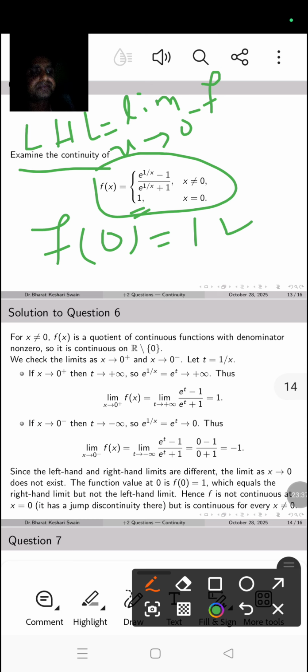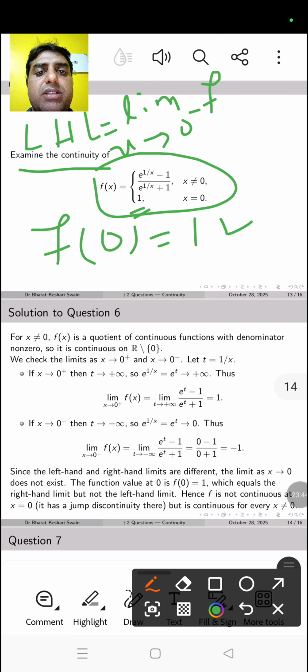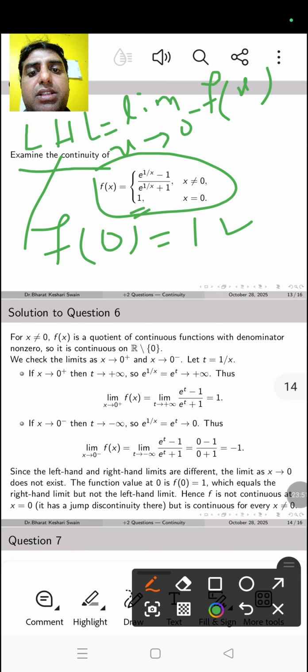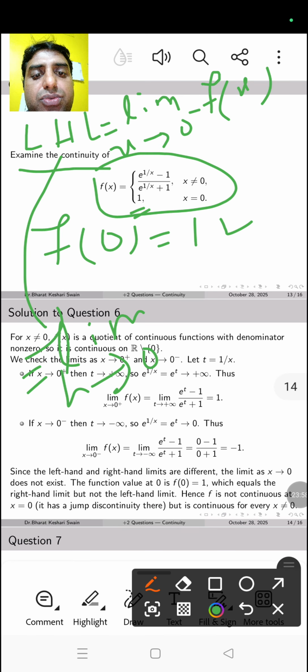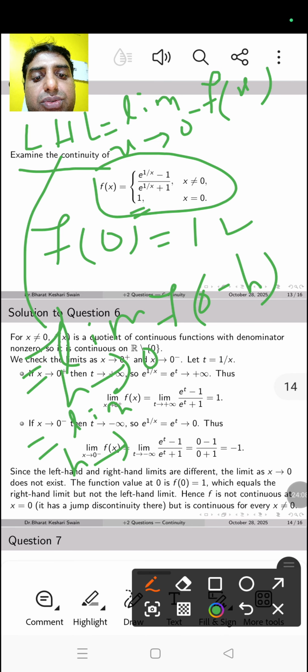x tends to 0 minus f(x), that means you can also write this as your working formula, that is limit h tends to 0 f(0 minus h), and that is equal to limit h tends to 0 f(minus h).